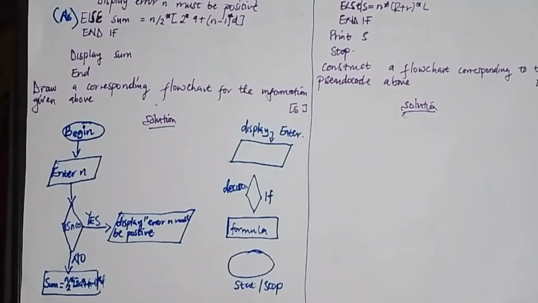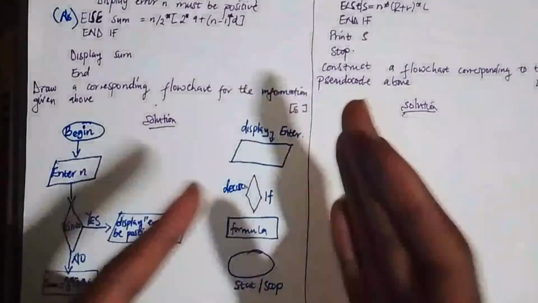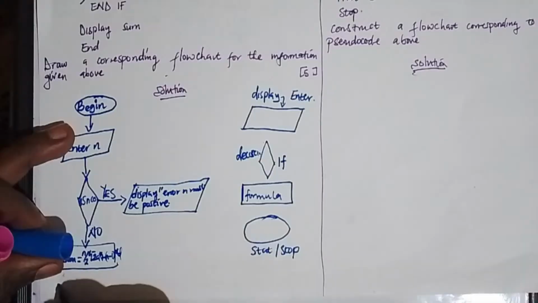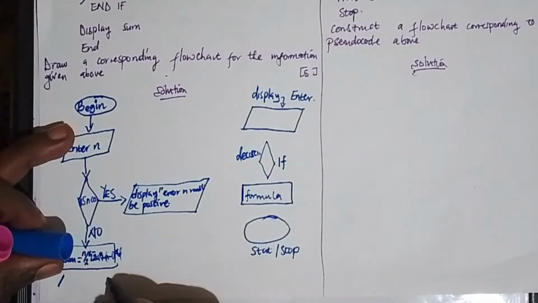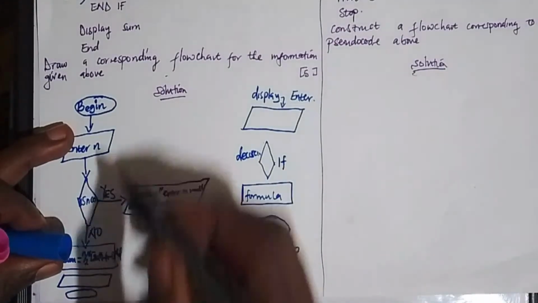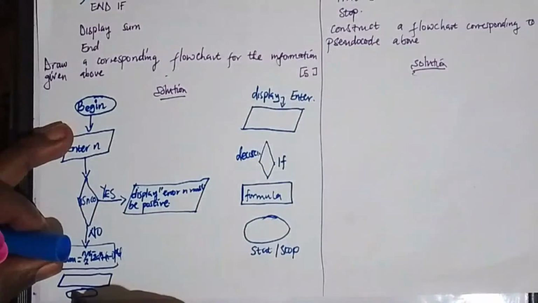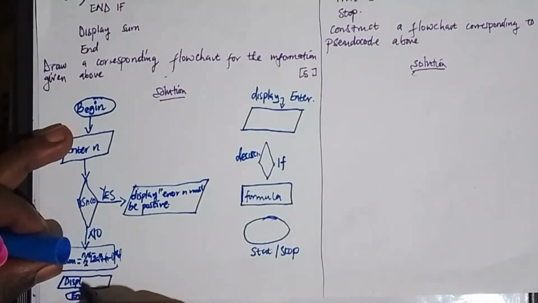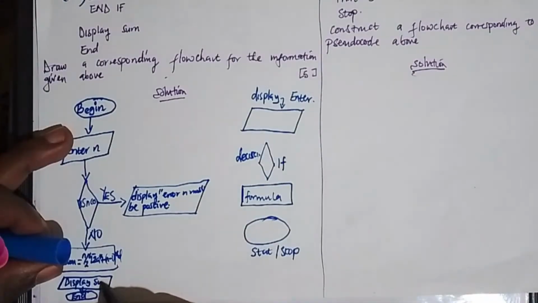Then we go to display. Again, whenever you see display, remember it's the parallelogram. So here we put a parallelogram. Then at the end, you put a circle again. So begin and end are supposed to be in the same shape. Here an arrow, then you say display sum.